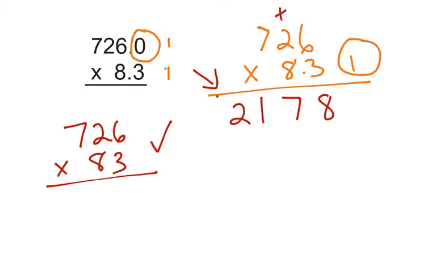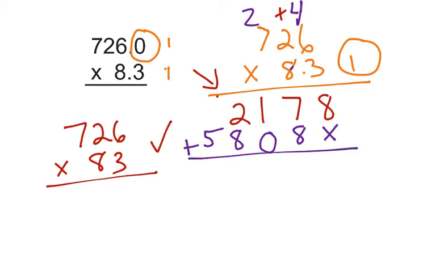Now I'm going to cross that out, and I'm going to now approach the problem in the tens place, so I'm going to hold my spot with a 0 or an X. And I'm going to start with 8 times 6, which is 48. And then 8 times 2, 16, plus 4, 20. And 7 times 8, plus 2. So 56 plus 2 is 58.